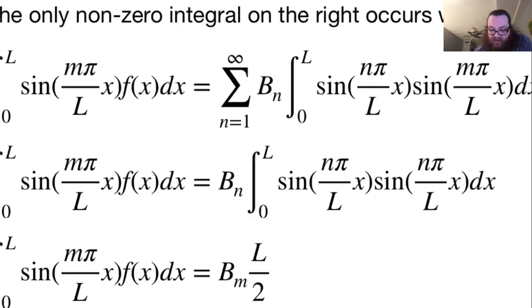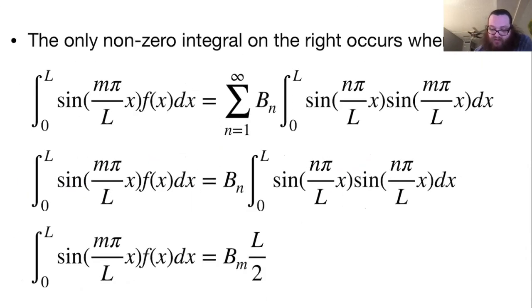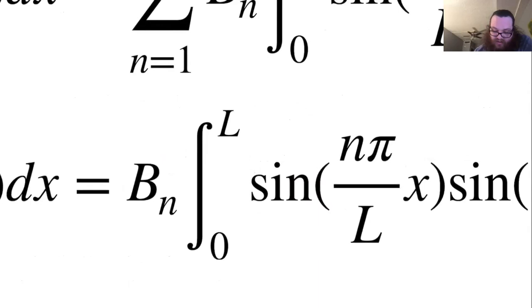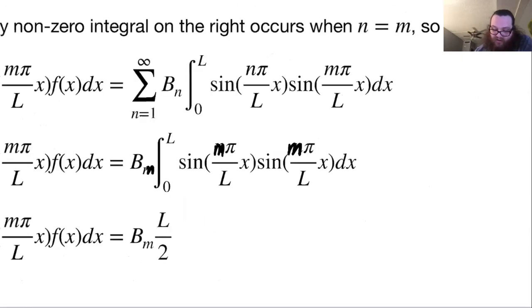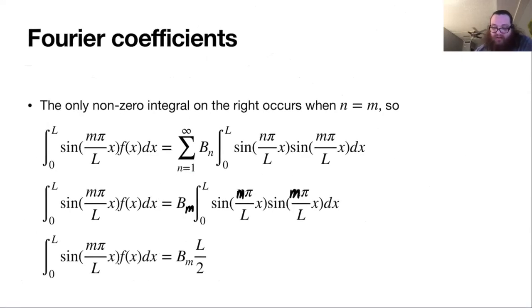So then technically down here, this should read b sub m, and then sine of m pi over L x. Because again, we're summing over every possible n. When n and m are different, we get a 0. So we'll get 0 plus 0 plus 0 plus this thing, then plus 0 plus 0 all the way off to infinity.